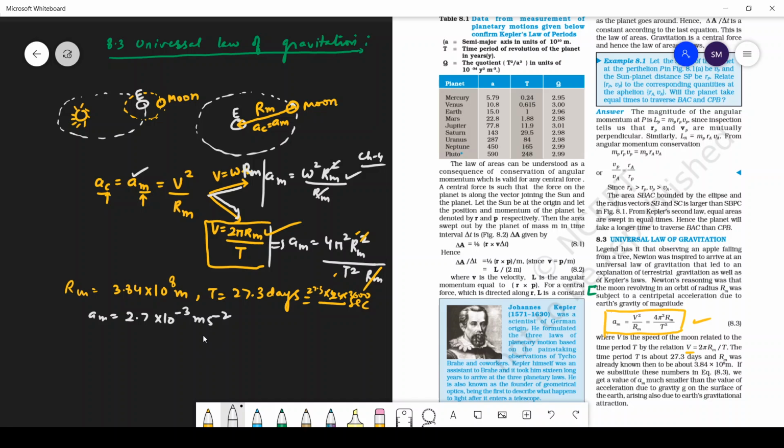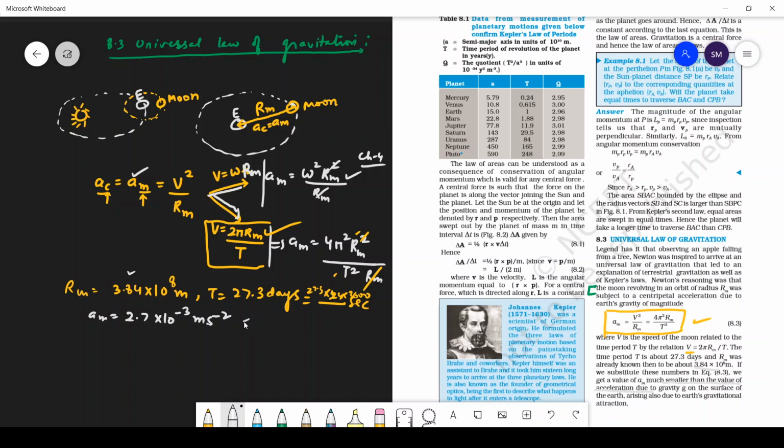So that's the acceleration due to gravity at the moon. So this is 3.84 into 10 raised to power 8 m, the orbital radius of the moon. If we substitute these numbers in equation 8.3, we get a value of Am that is much smaller than the value of acceleration due to gravity.